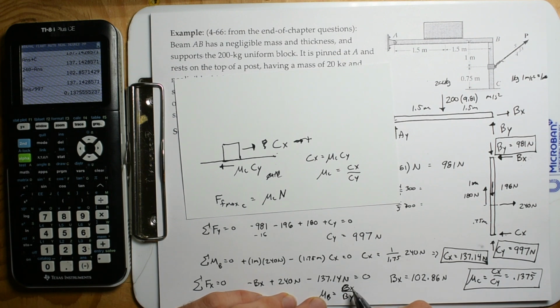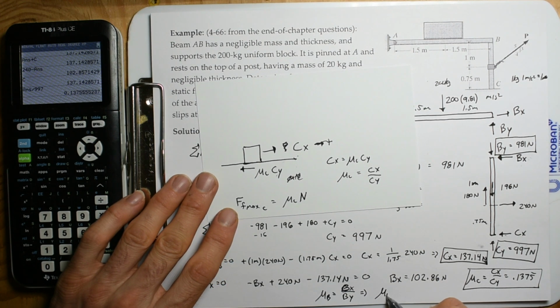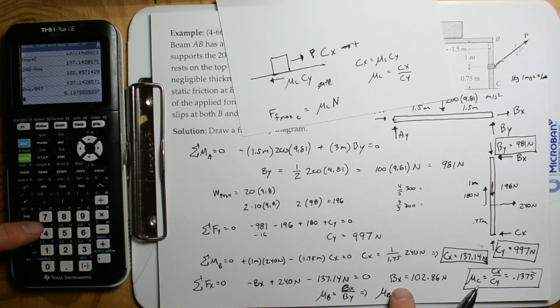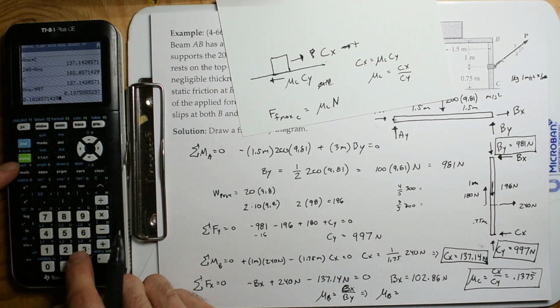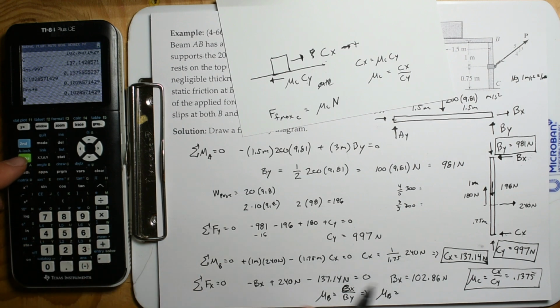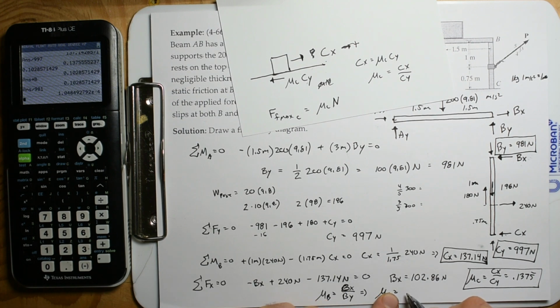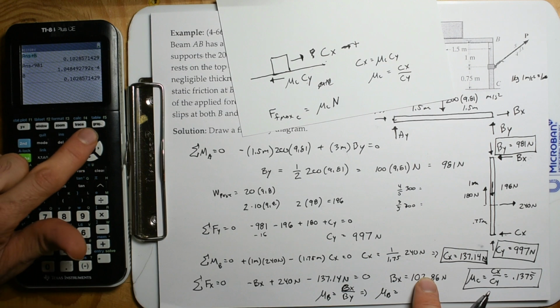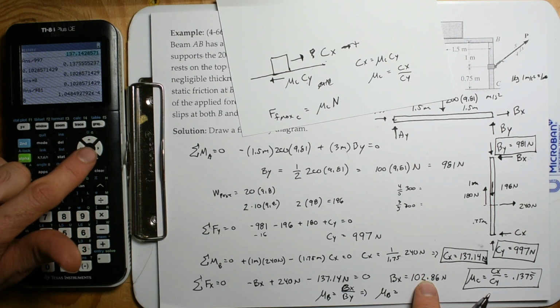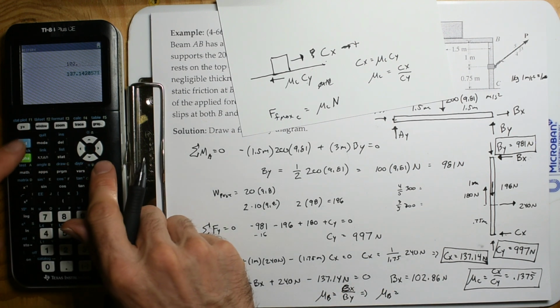And then the other one, mu B, is going to be BX divided by BY. It's the same equation, just switching the C for a B. And we get mu B is equal to, alright, BX was 102. Let's store that as alpha B, divided by 981. And we get, what? Oh, yeah, let's do this again.